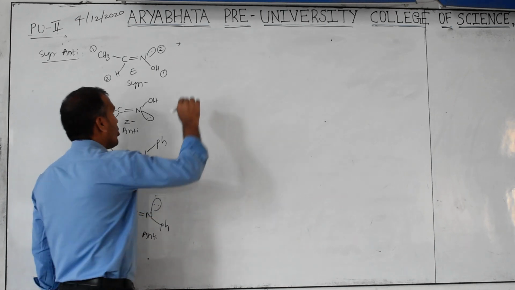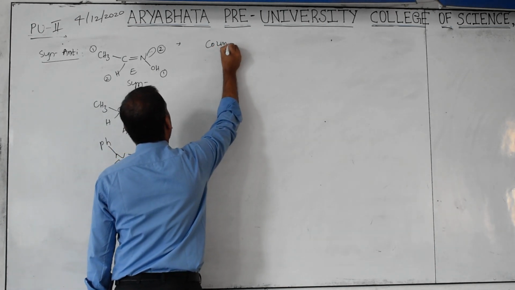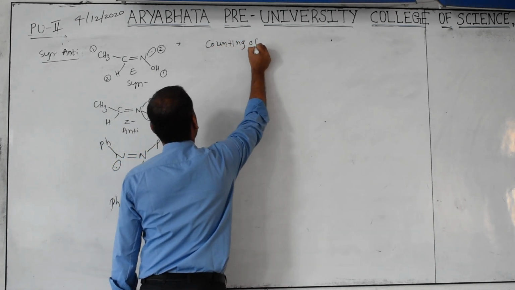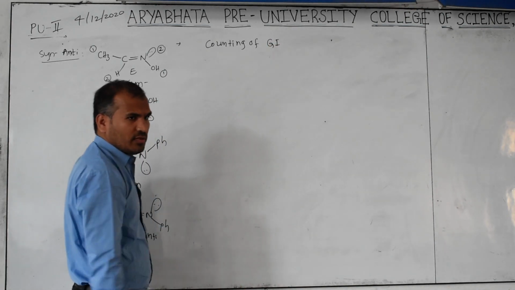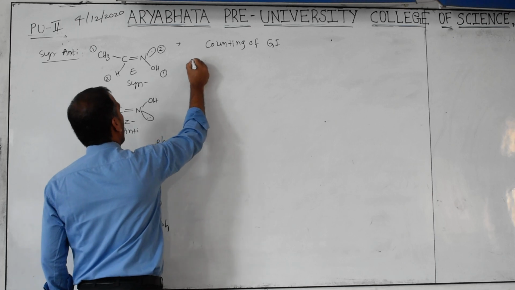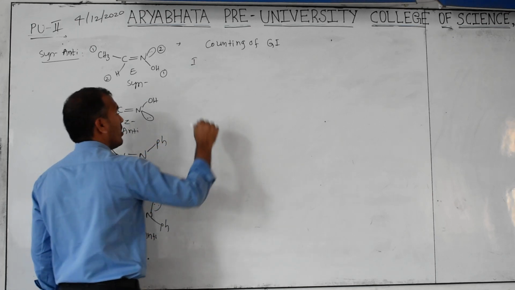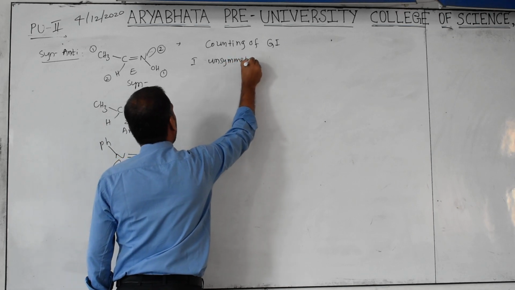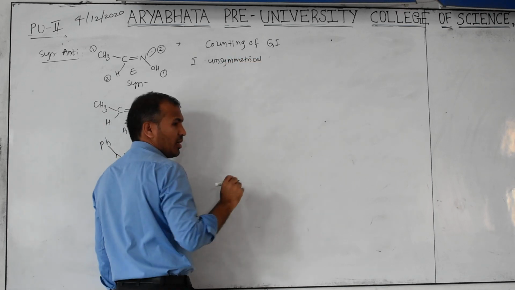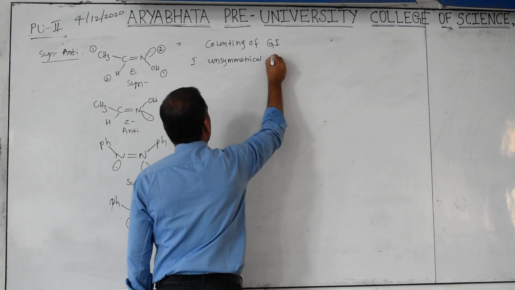Now, counting of geometrical isomers. It is divided into two parts. One: unsymmetrical alkene.